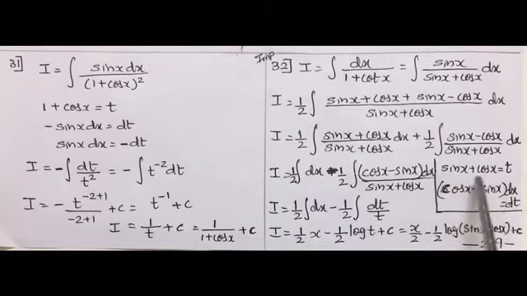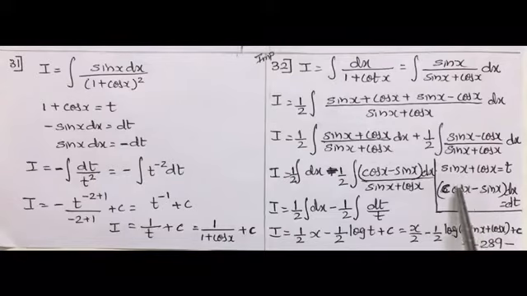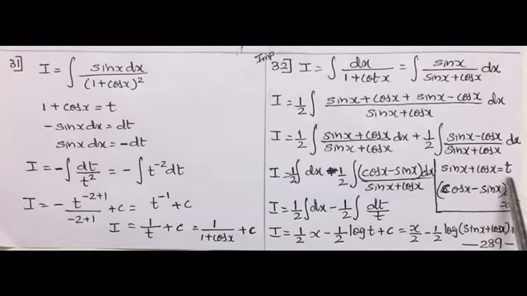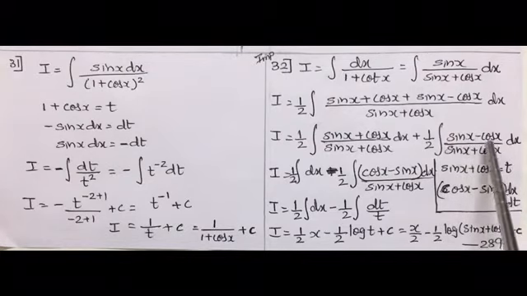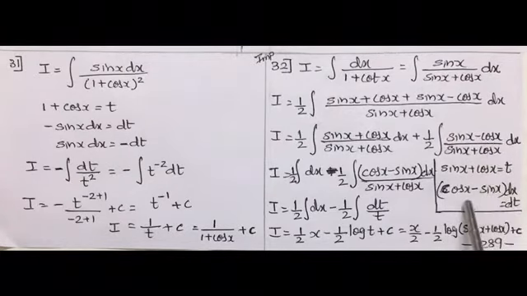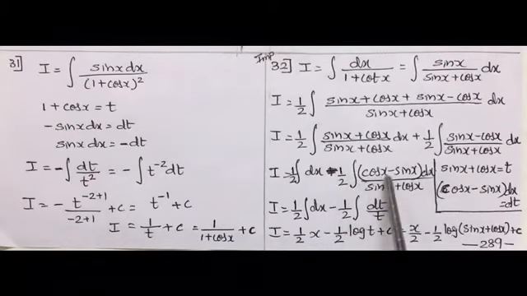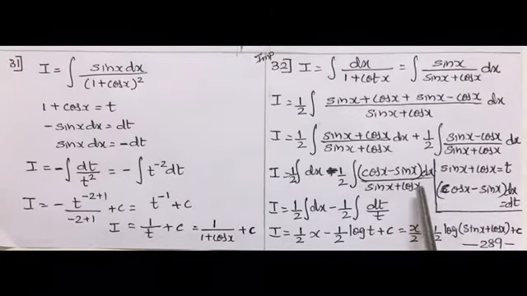Now differentiating sin x plus cos x, sin is cos x and cos is minus sin x. So we get here cos x minus sin x dx equal to dt. Now upside if you see, we have sin x minus cos x instead of cos x minus sin x. So a negative sign is taken out and half we have adjusted upside as cos x minus sin x divided by sin x plus cos x.